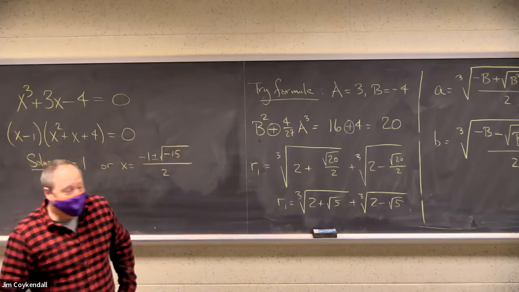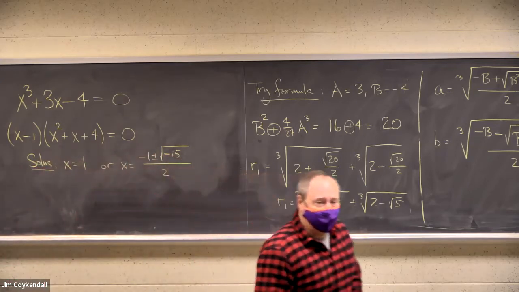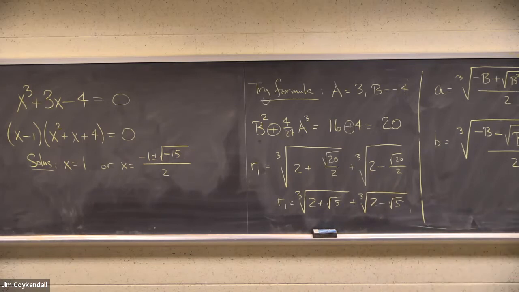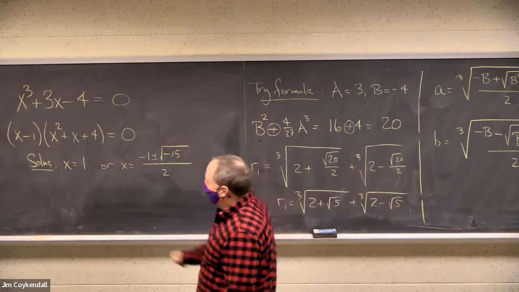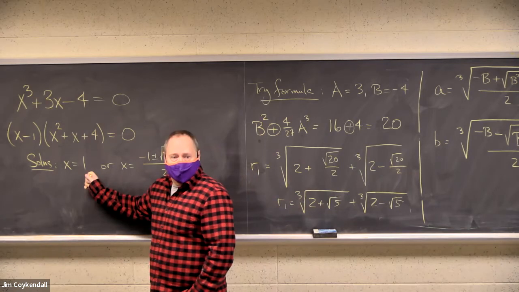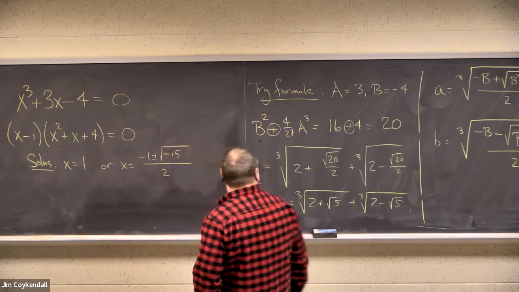Now, I don't know much, but I do know that that is a real number. Do I agree with that? Because 2 plus radical 5 and 2 minus radical 5 are both real numbers, and if I can take a cube root of a number, whether it's positive or negative, it's a real number. There's only one real solution to this. That's one. The other two are complex conjugates.